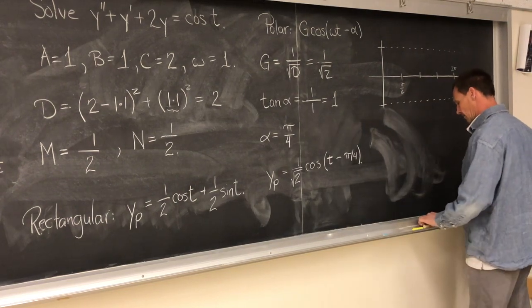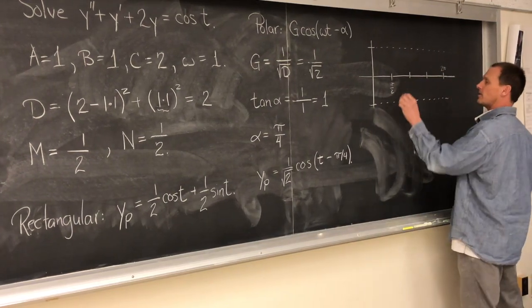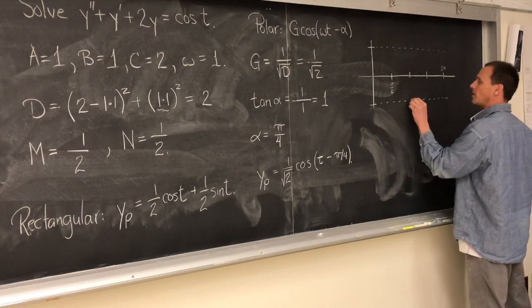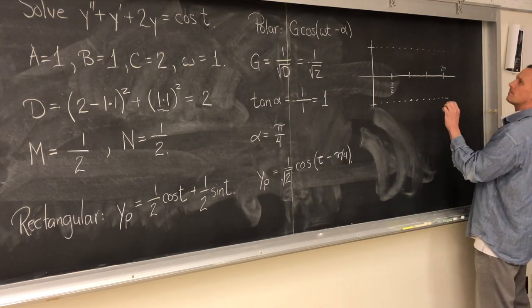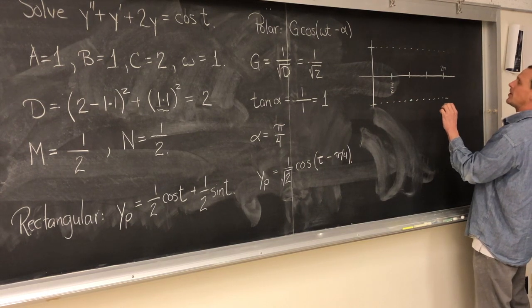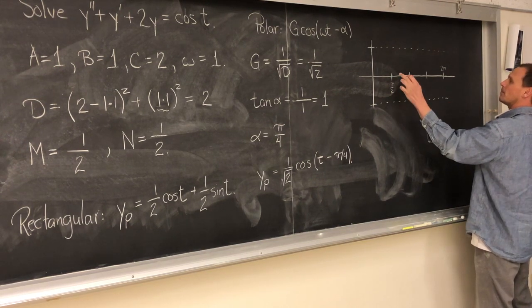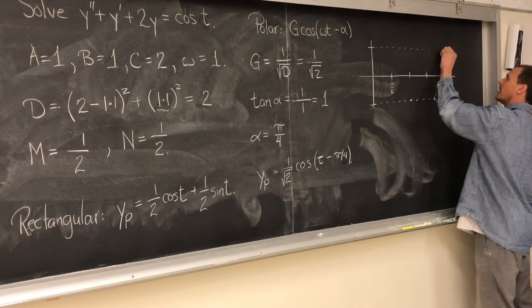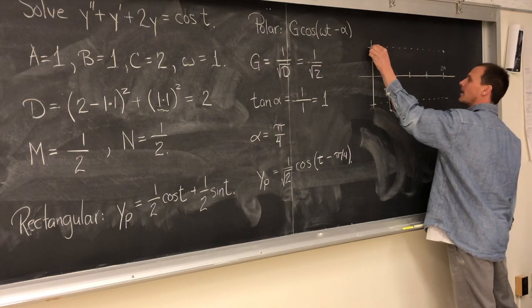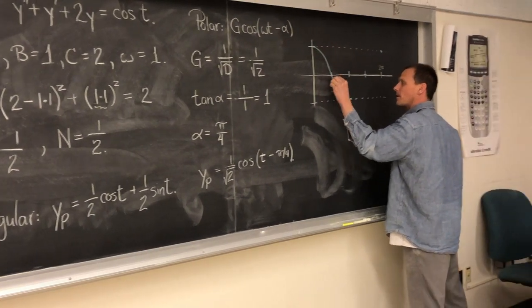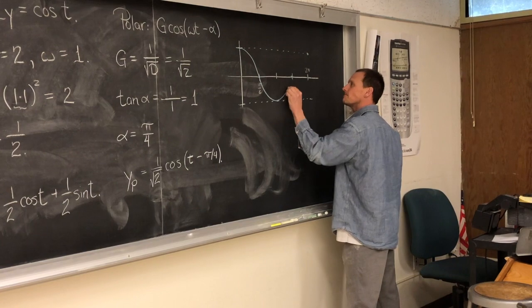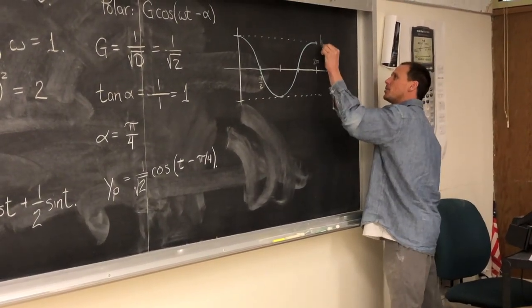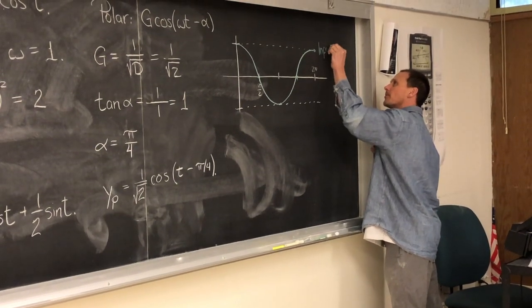The cosine of t, I'm going to graph it, it's going to be 0, 1, and minus 1, with pi over 2, pi, 3 pi over 2. Oh, there we go. There's cosine. So the cosine is this. There's my cosine. This is the input onto our system.